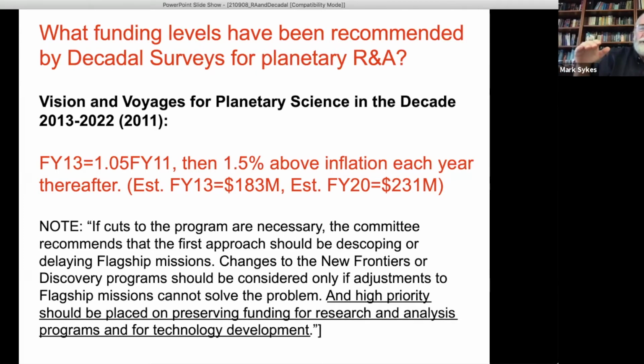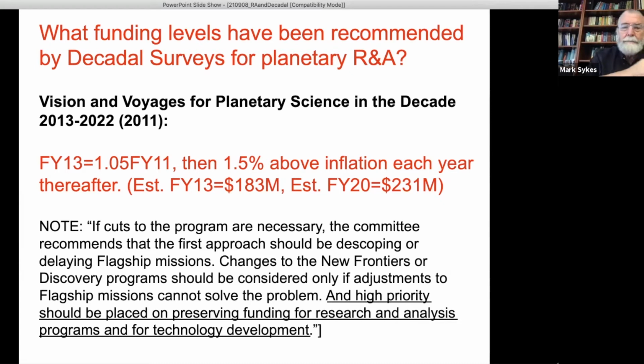The first approach is descoping or delaying flagship missions. If that doesn't do it, then you change funding available to New Frontiers or Discovery programs, and only if adjustments to flagship missions can't solve the problem. High priority should be placed on preserving funding for research and analysis programs and for technology development.